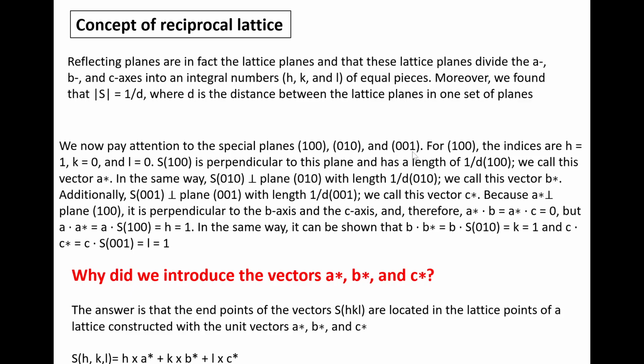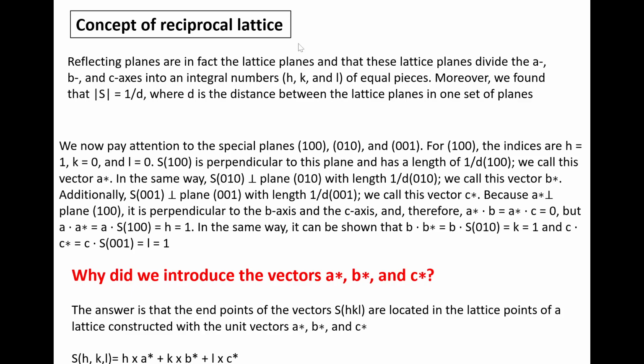Just like for xyz, you have some basis vector having some xyz coordinates. So these three are defined as A star, B star, and C star. Just like the real space basis vectors A, B, C, the reciprocal lattice has three basis vectors, A star, B star, and C star.